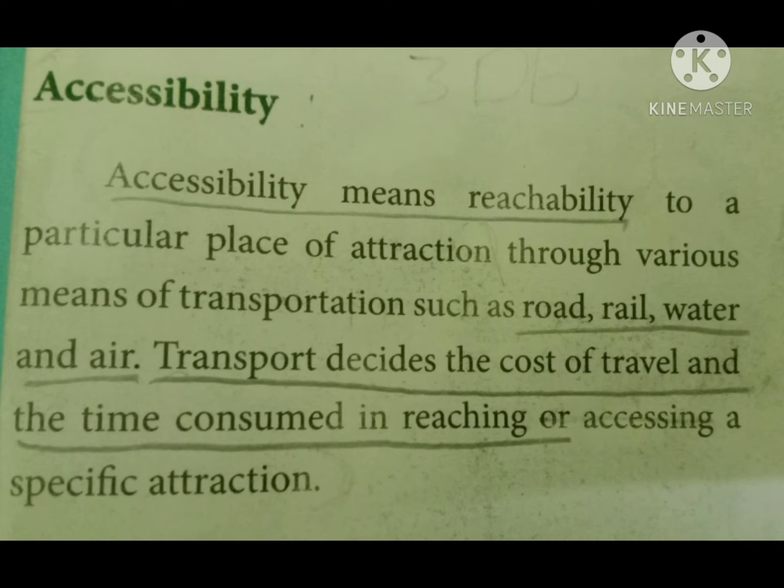We should be able to easily reach the particular place through transportation such as road transport, rail transport, water transport and air transport. The transport will decide the cost of travel and the time consumed in reaching a specific attraction. So accessibility is also one of the main components of tourism.